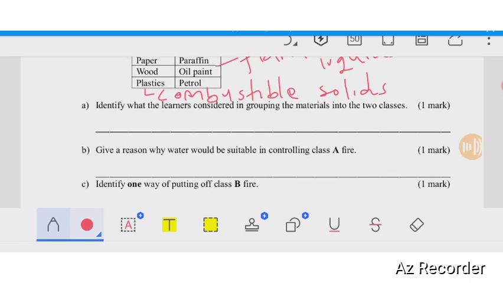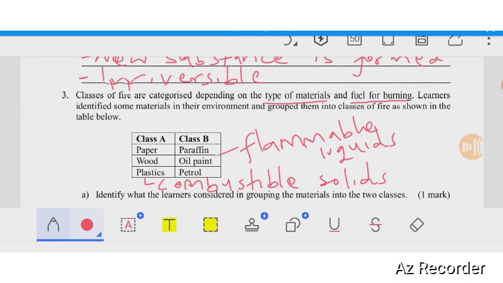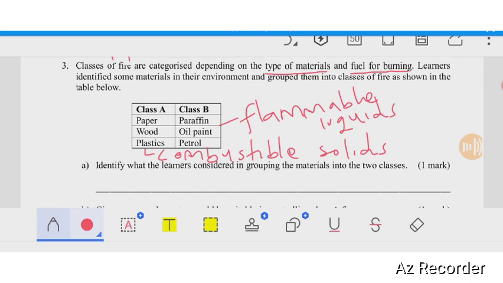Identify what the learners considered in grouping the material into the 2 classes. So we have types of material and fuel for burning. That's how the learners were categorizing them. But when you look here, we have already solids and liquids.